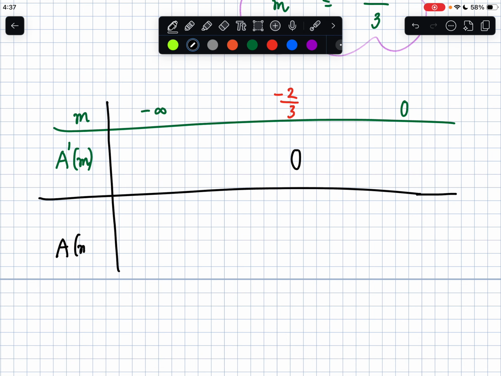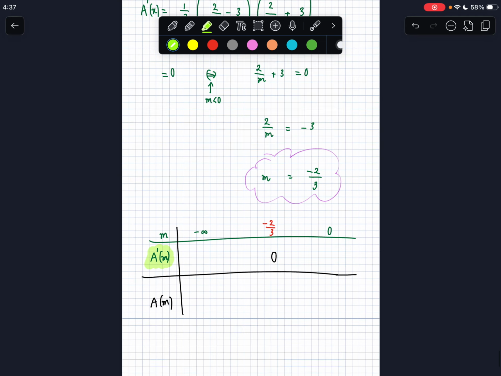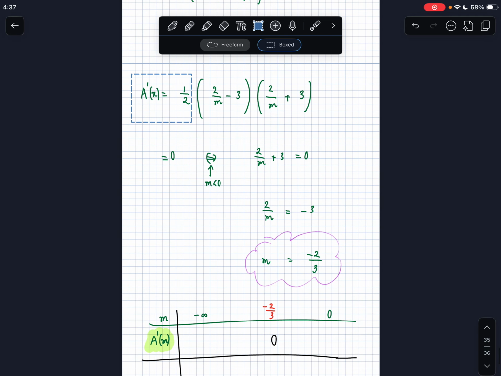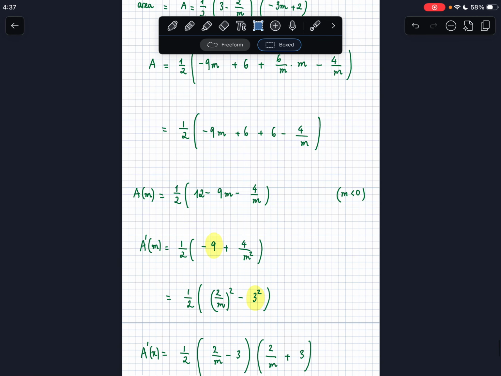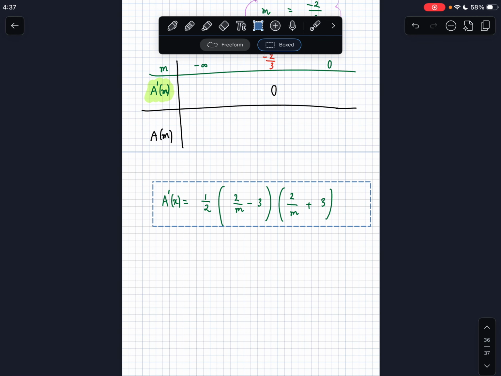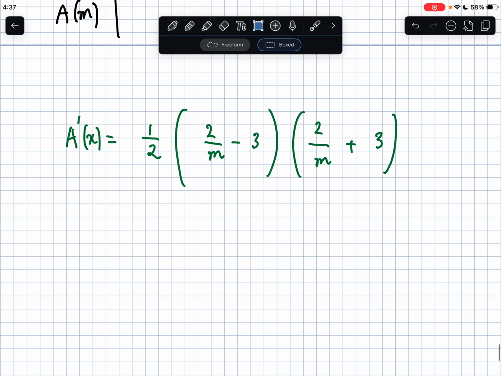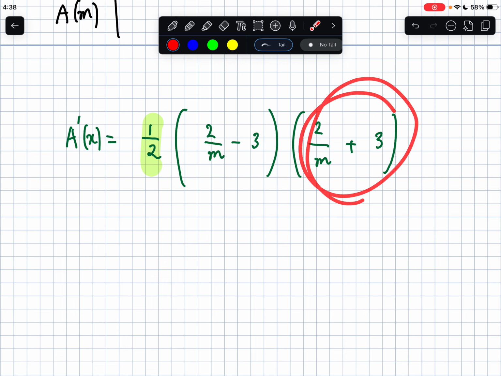Now we need to determine the sign of A prime of m, given by this formula. Look at this: 1/2 is positive, m is negative, so this term is negative, this term is negative. So it really depends on this term.